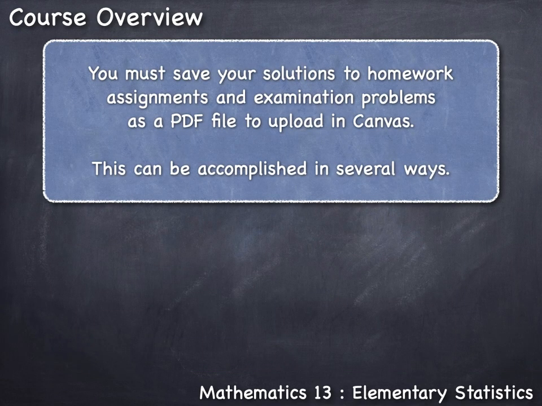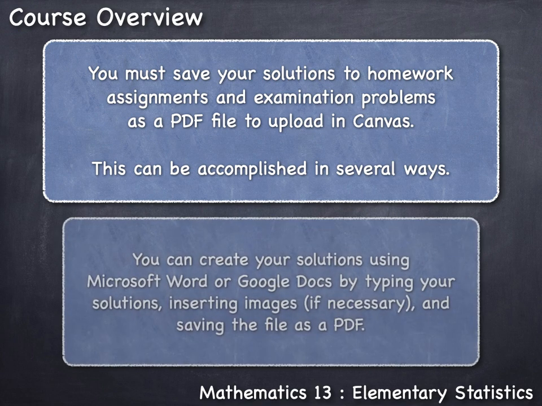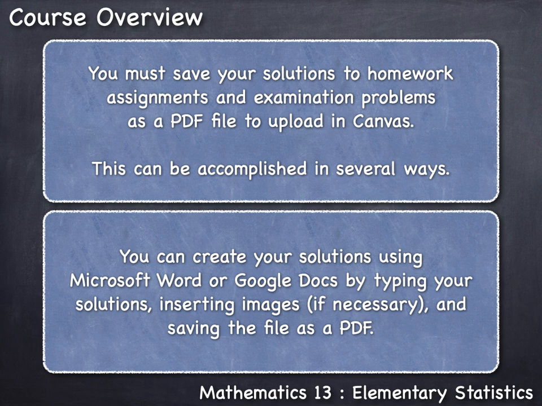As I mentioned, you must save your solutions to homework assignments and examination problems as a single PDF file to upload in Canvas. This can be accomplished in several ways. You can create your solutions using a word processing program like Microsoft Word or Google Docs and type your solutions, inserting images if necessary, such as if you had drawn a graph by hand or you wanted to include some calculator screenshots, and then saving the file as a PDF file.